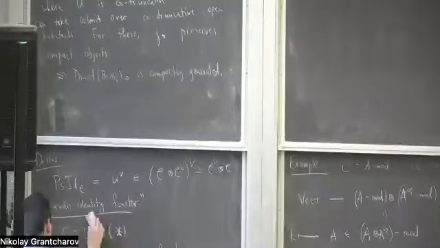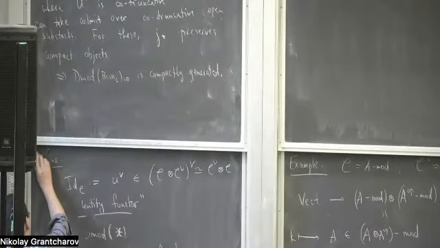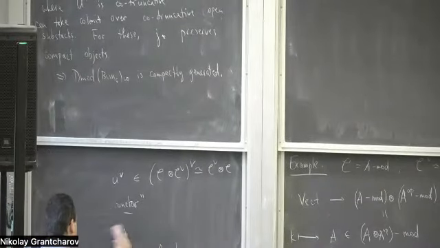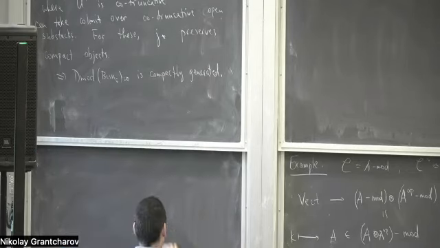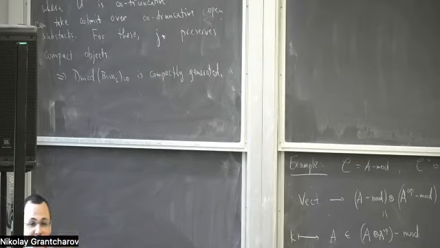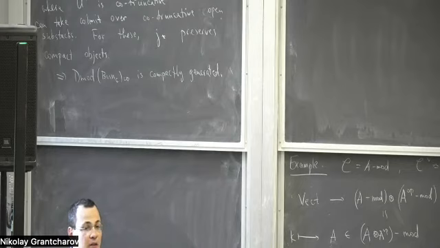Now I should have said, we have this self-duality. There's a yoga to be played with self-duality, which is that if you have a functor, there's a corresponding dual functor that goes between the dual categories.